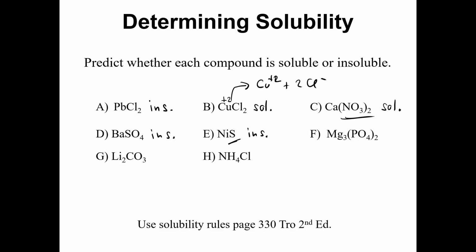Magnesium phosphates. Phosphates are insoluble. Magnesium is not one of the exceptions. Lithium carbonate. Carbonates are insoluble, but that's group 1, so that's always going to be soluble. So that rule 1 beats that. This is double soluble, right? Ammonium, no exceptions, always soluble. Chloride, always soluble. Not always, has exceptions. Silver, lead, and mercury, right?